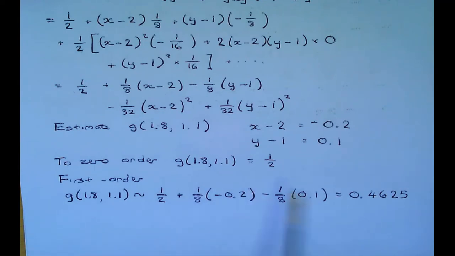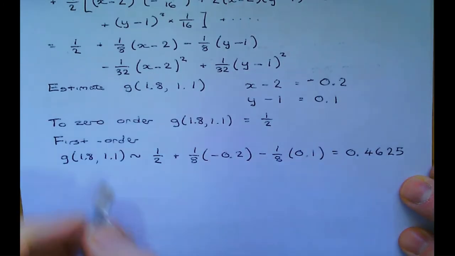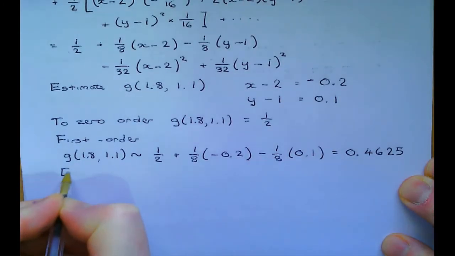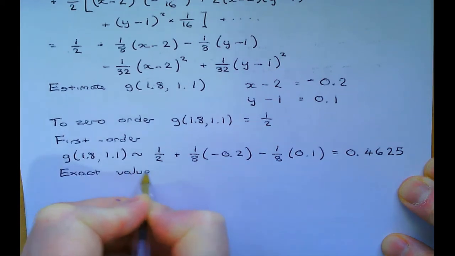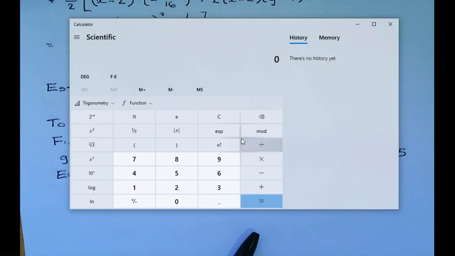Well, is it any good, our first order approximation? Let's work out the exact value. So let's use the calculator here. X over 1 plus x plus y, where x is 1.8, y is 1.1.